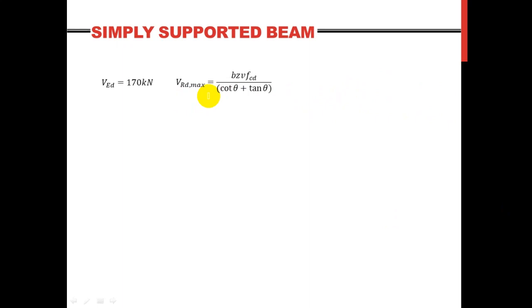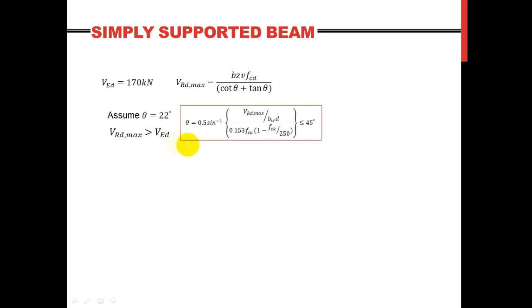So let's assume the angle to be 22 degrees. And this will only be true if the calculated VRD max was found to be more than or equal to the VED. Otherwise, the theta is not 22 degrees as assumed, and hence must be calculated using this equation.